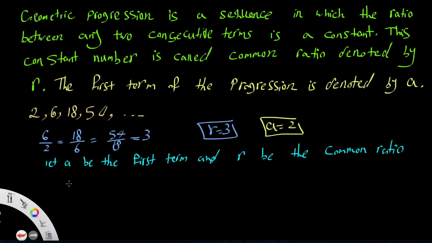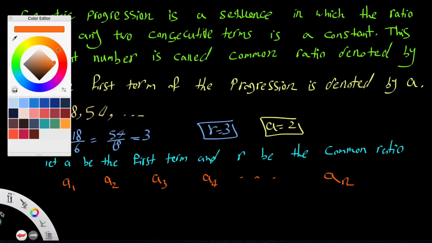So let's write first term, second term, third term, fourth term, and I'm going to find a general formula for the nth term of such a progression.